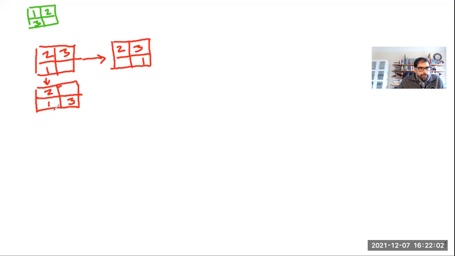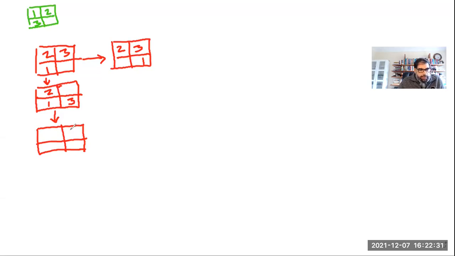So if I go down further over here, now you can see that I have again 2 choices available to me. I can either push 3 up, or I can push 2 to the right. Now, if I push 3 up, I'll go back to this state, right? So I ignore that and I take the new option, which is to push 2 to the right.